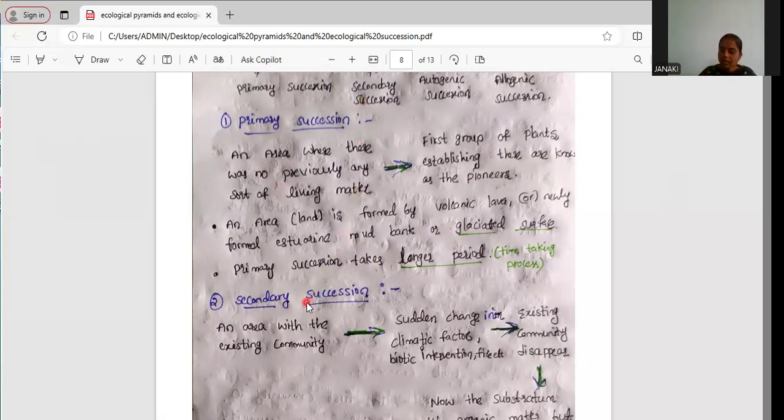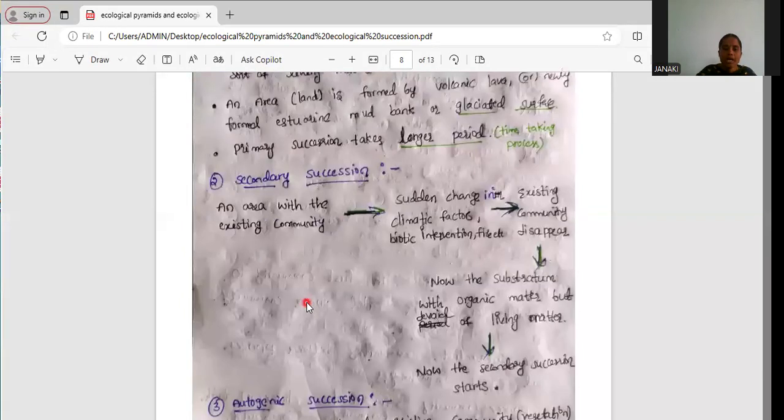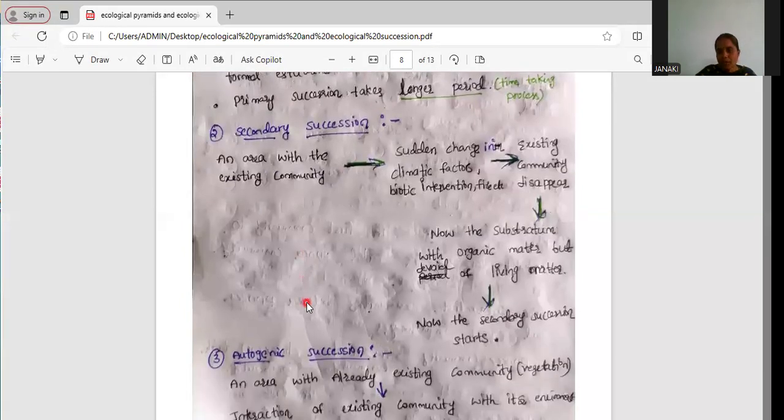Next one, secondary succession. In an area with an existing community, there are sudden changes in climatic factors, biotic intervention, fire, etc. The existing community disappears.